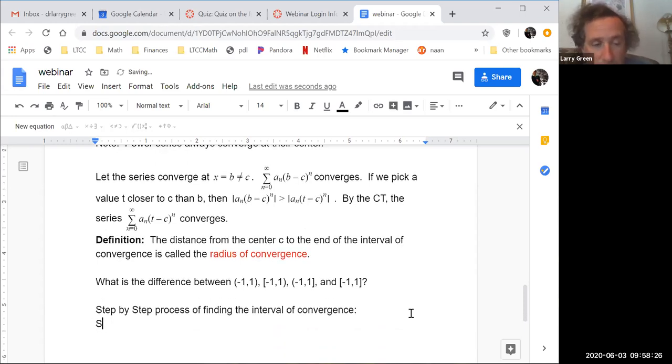Step 1 is use the Ratio Test to find the radius of convergence.